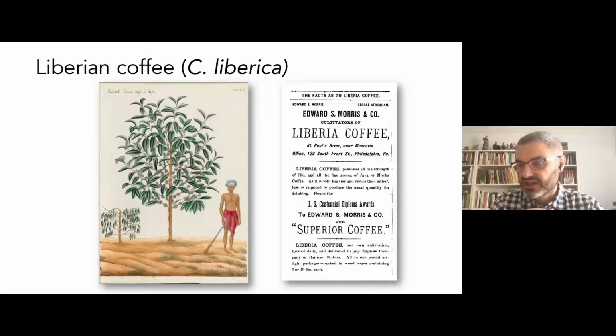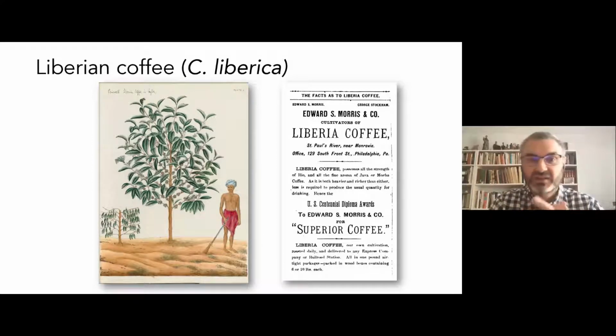And it's after the rust that there was a real, global impulse to start looking for new Arabica varieties and perhaps new species of coffee altogether that might work better in certain landscapes and that might be resistant to the rust.